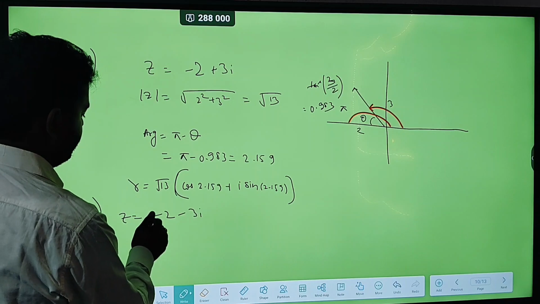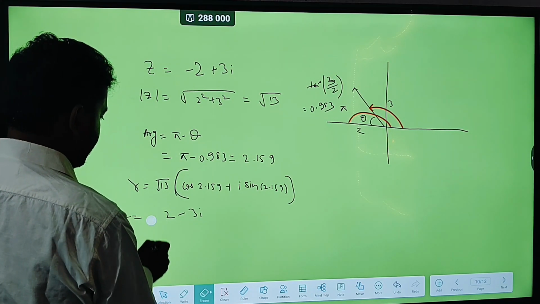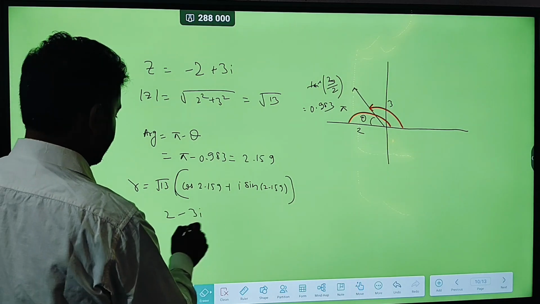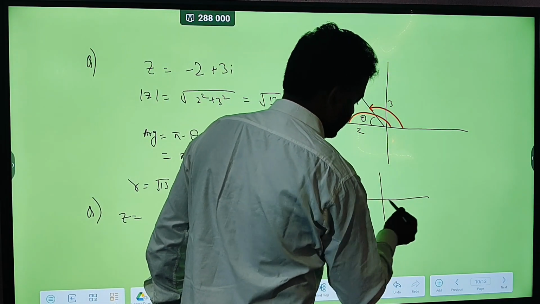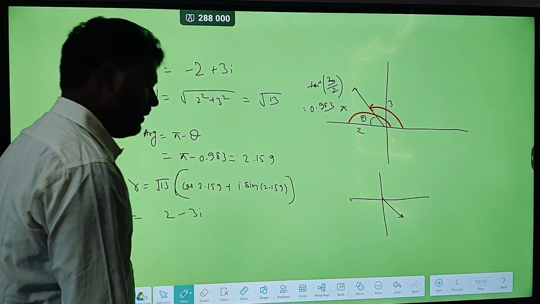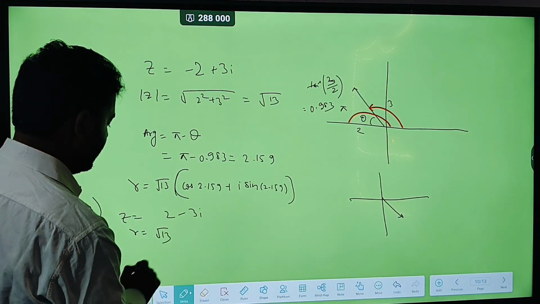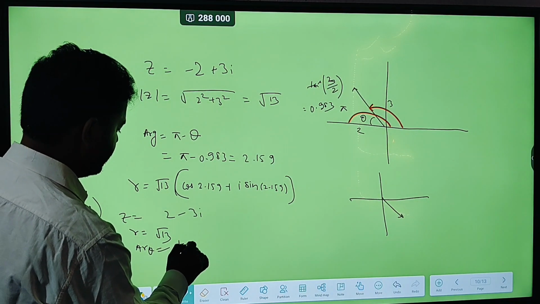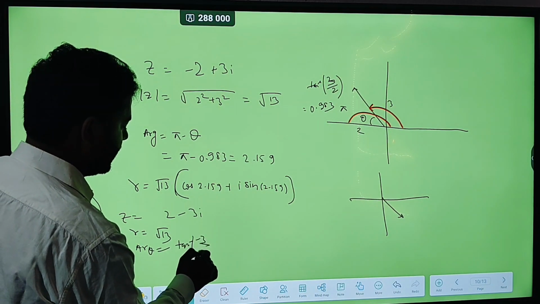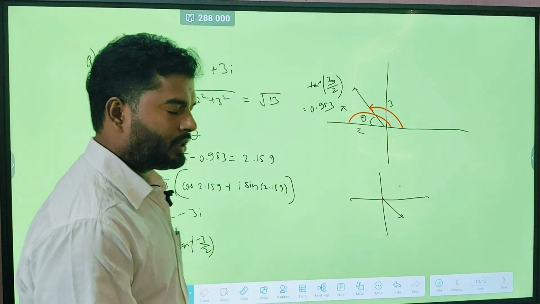Now let's say we have a number in the fourth quadrant, plus 2 and minus 3 iota, right? This is simple. It's in the fourth quadrant, x positive and y negative. So r is the same, root 13, but here the argument will be just tan inverse of minus 3 by 2, because our calculator can easily give the answer in the first and fourth quadrants.